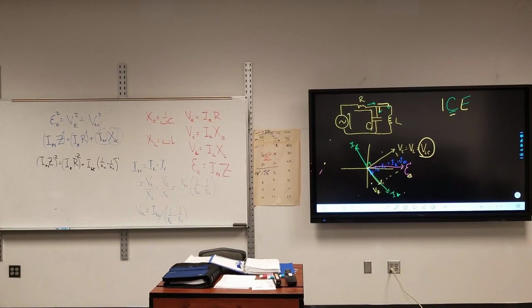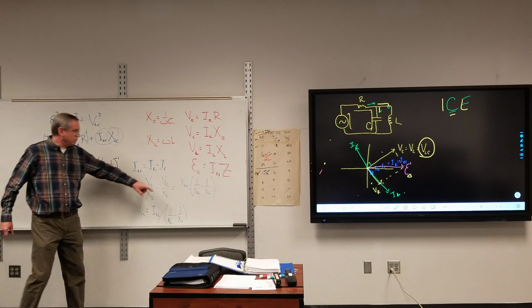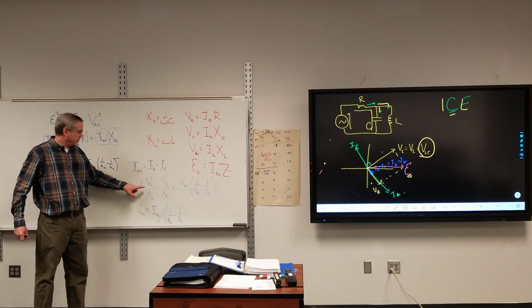I have a question. Yep. Before we did all that, the VL over XL minus VC over XC, what formula did we change to get there? The one right before it. How did we set that up?